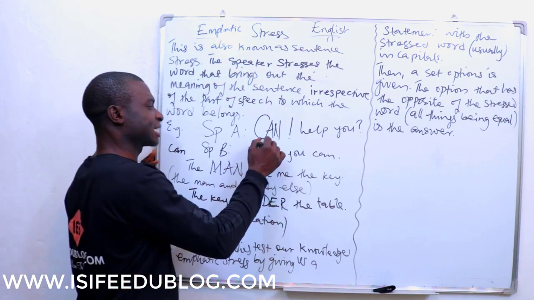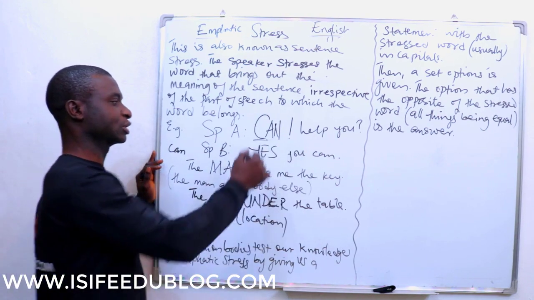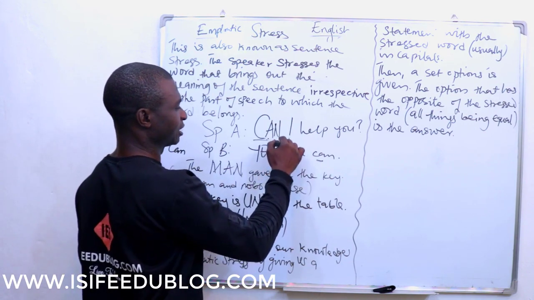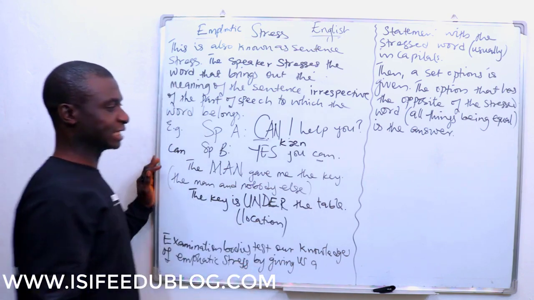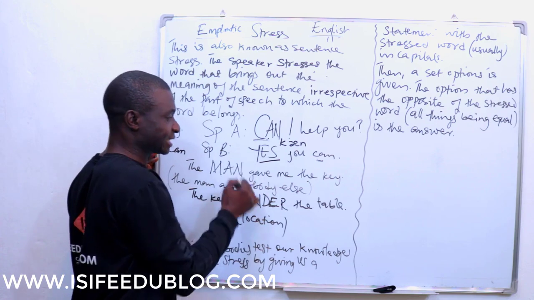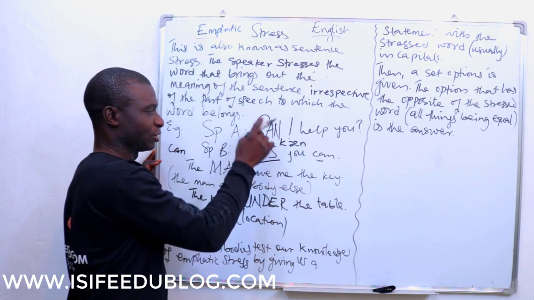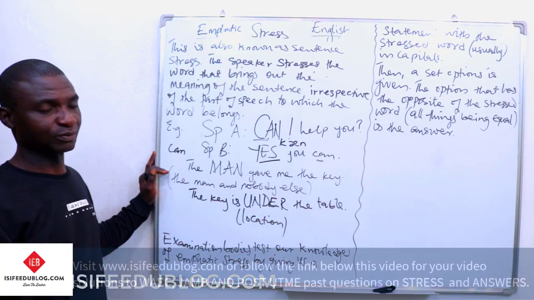Now, this can should not be pronounced as can I help you, because it is strong. But this one should be can. This one can be brought down because the answer to this question is can, yes. Now look at this. Can I help you? The emphasis is on can, obtaining permission.